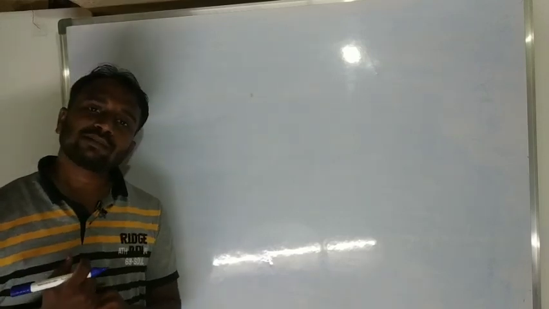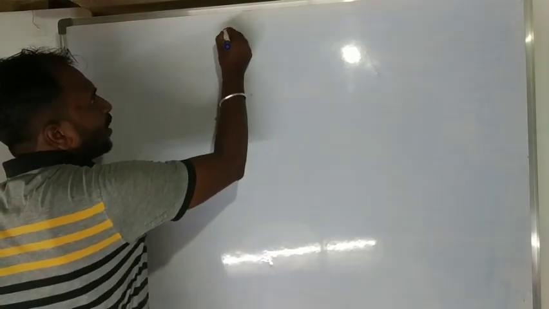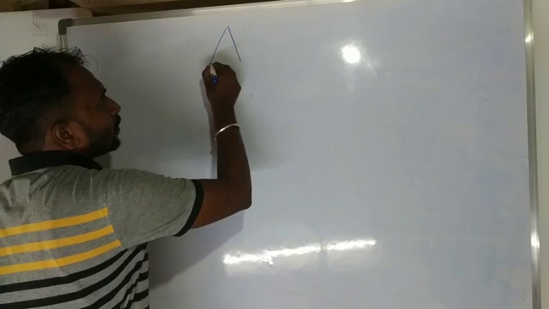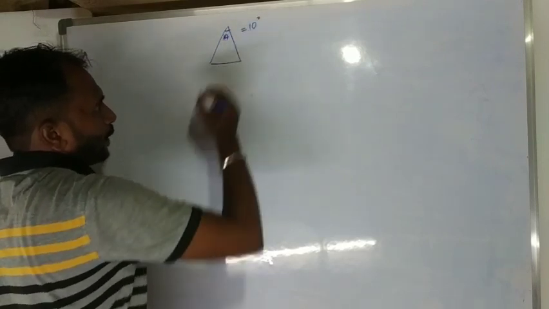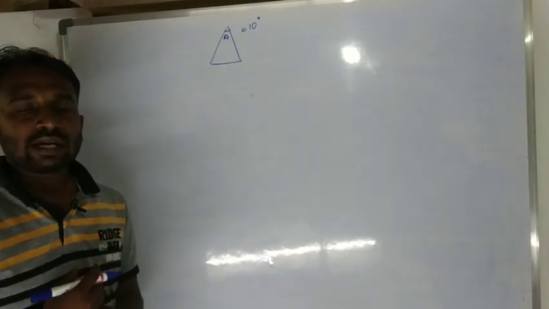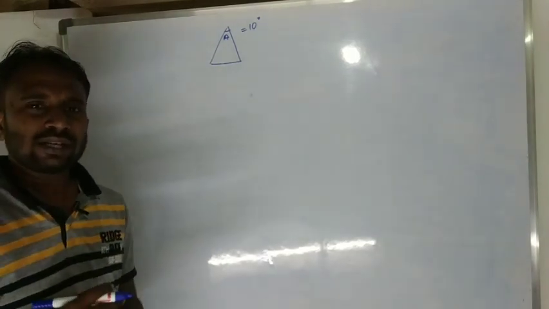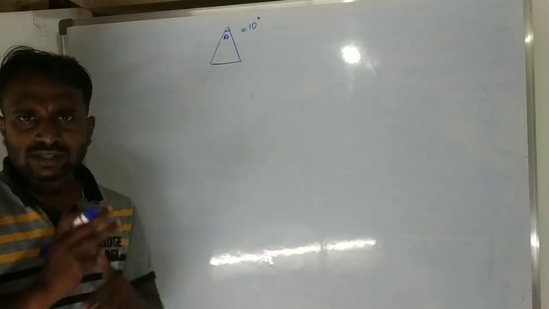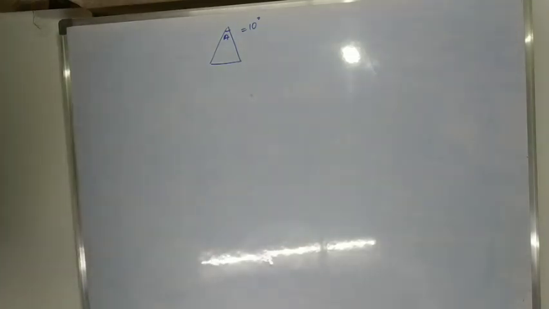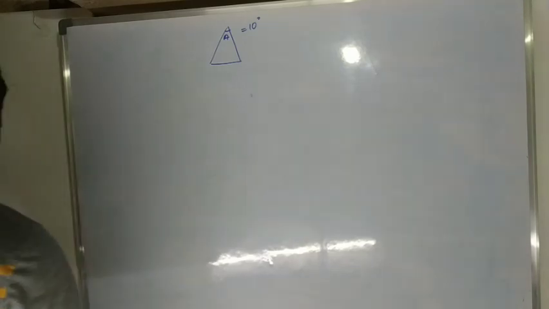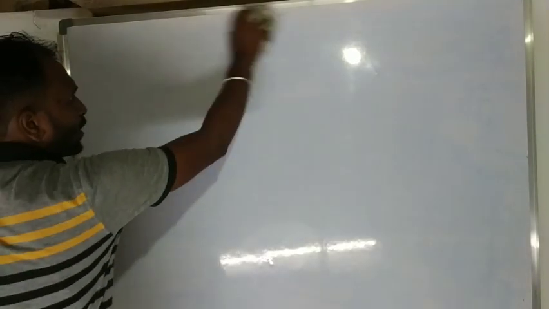For a thin prism, the angle of the prism is about 10 degrees. So that is a thin angle of a prism. Here we want the expression for deviation due to a thin prism.